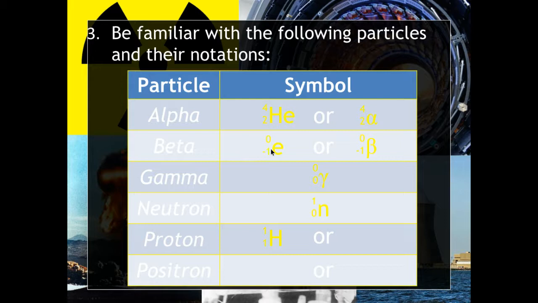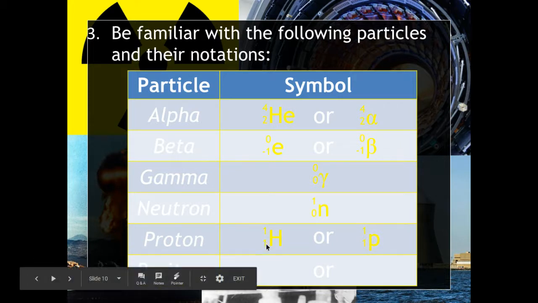Here's an electron, no mass, but a -1 charge. It's written the same way as Greek letter beta. Gamma, no mass, no charge. Greek letter gamma. Here's a neutron. That's how we write a neutron. Has mass of 1, roughly 1, and charge of 0. A proton, yes, that's hydrogen. Mass of 1 and a charge of 1.